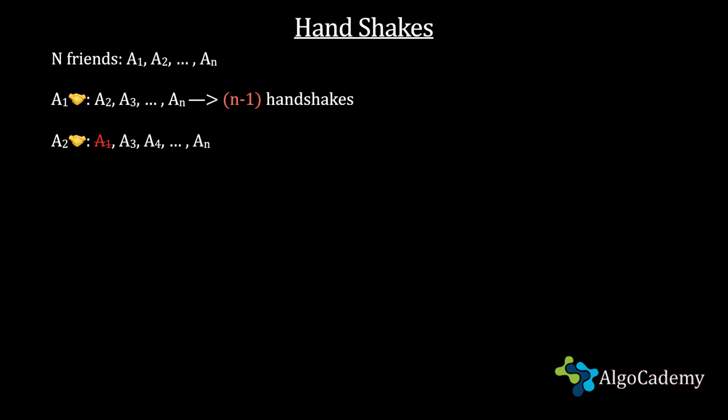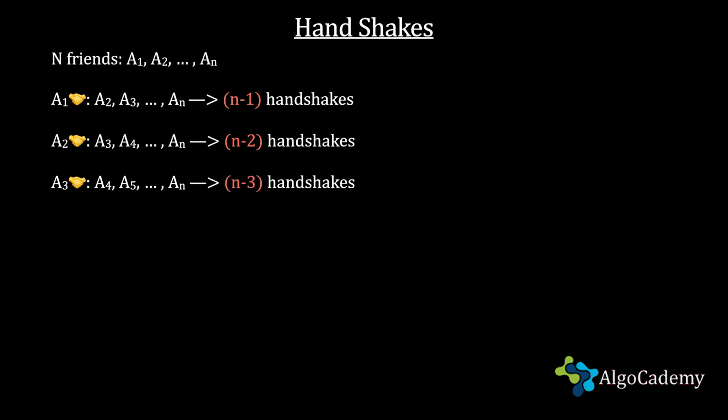Then, A2 is going to shake hands with all the other friends except A1, so with A3, A4, ..., An, which is a total of n minus 2 handshakes. Then, A3 will shake hands with all the other friends on his right, so A4, A5, ..., An, which is a total of n minus 3 handshakes.